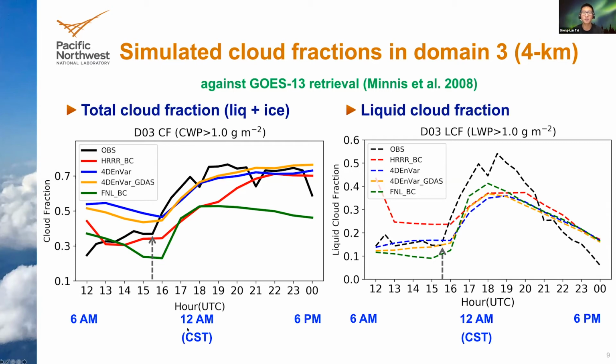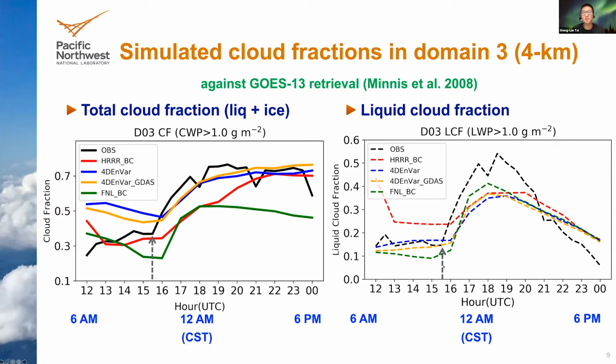For the liquid-only cloud fraction on the right, it basically mimics the evolution of the shallow cumulus clouds. We can see a rapid increase of cloud cover at 10:30 a.m., which the arrow shows here.